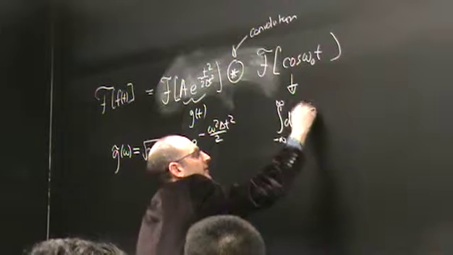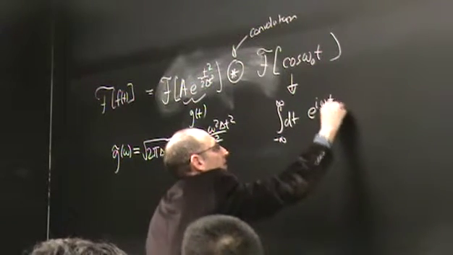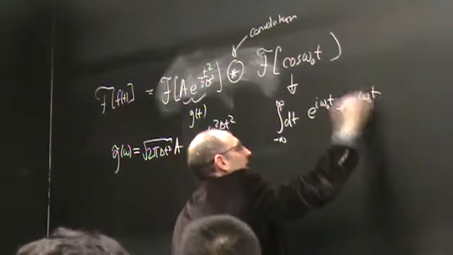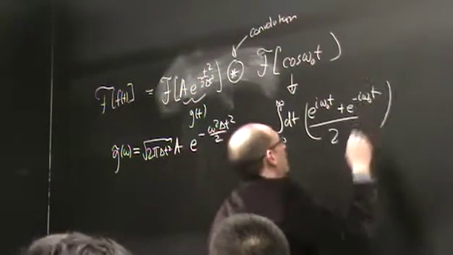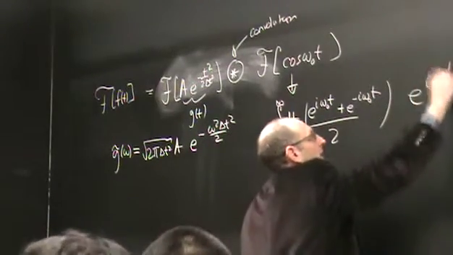The Fourier transform of this, e to the i omega t plus e to the minus i omega t over 2, that's cosine. We have to multiply that and integrate.